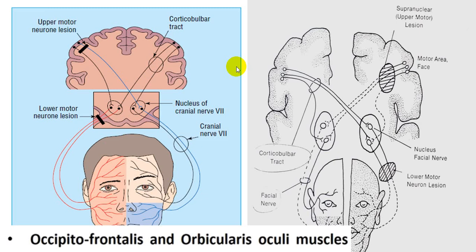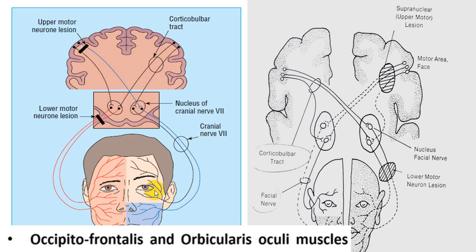Hence, it is very easy to understand: if you get damage to the cerebral cortex, or in the corona radiata, or in the internal capsule, above the pons, you will have the lower half of the face on the opposite side affected, which is innervating the facial muscles below the lower eyelid.